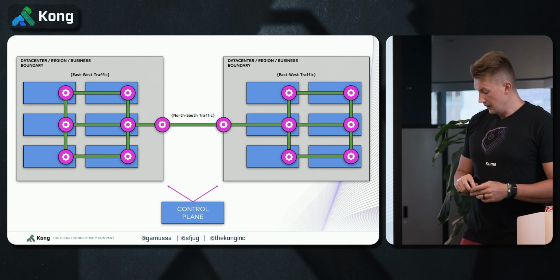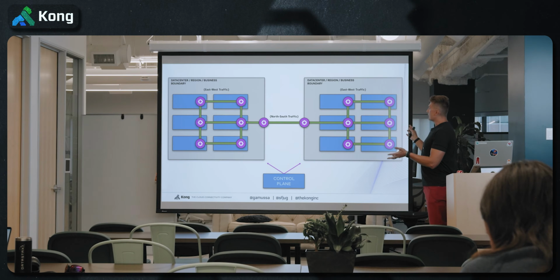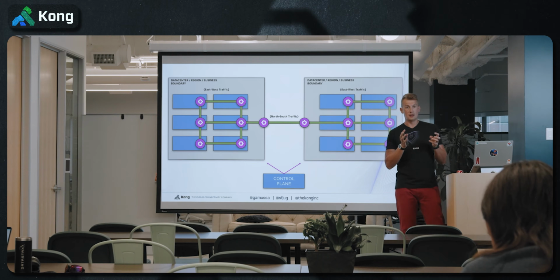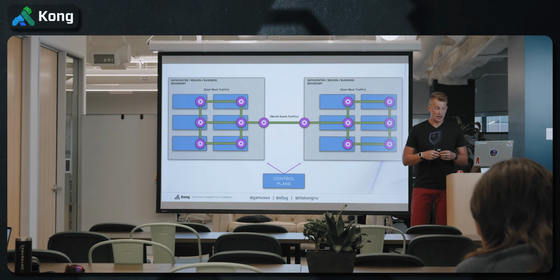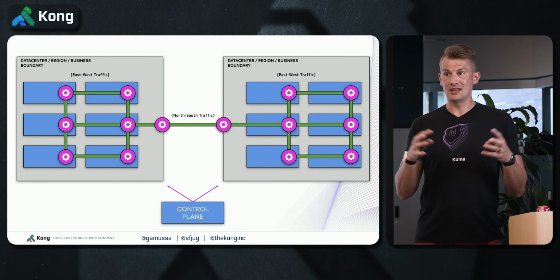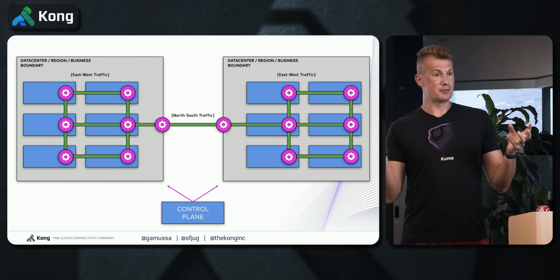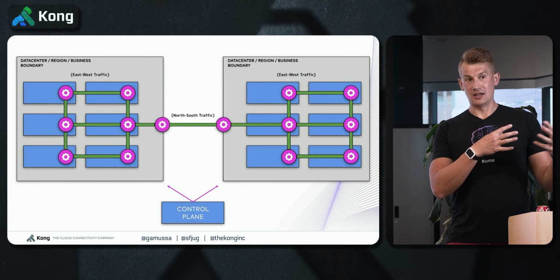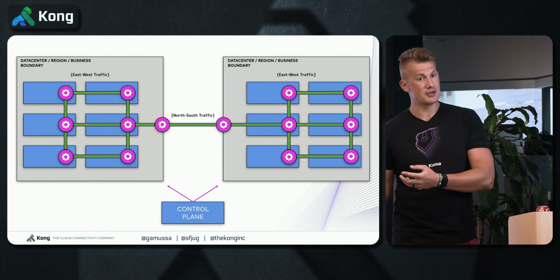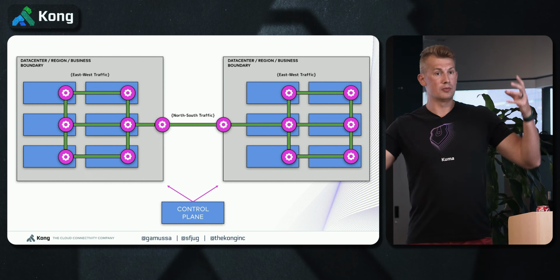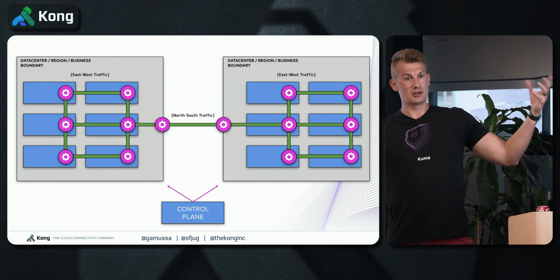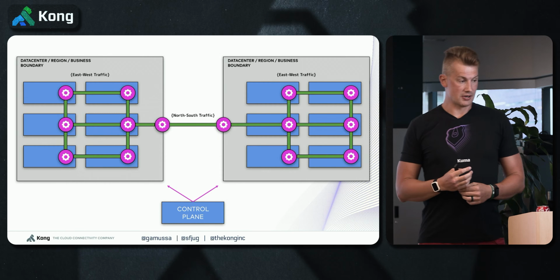Now, this concept can be scaled not only within one data center, region, or zone. It can be scaled into multiple meshes. One mesh can be running in one data center, another mesh in another data center, and we can have one global control plane that spans and controls all these meshes.